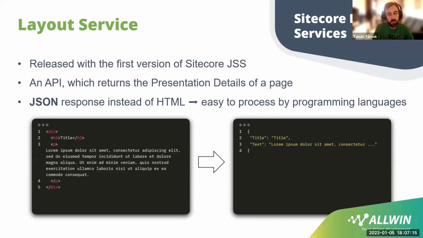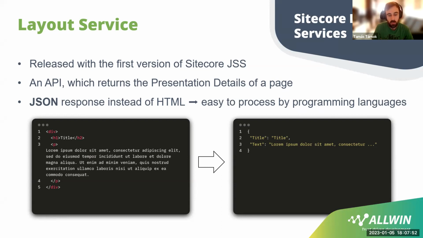It was released with the first version of Sitecore JSS, something like Sitecore 9.2 or 9.1. Basically this is an API which is returning the presentation details of a page as JSON. When we compare JSON with HTML, JSON is more readable for programming languages, and it has a strict structure, and HTML doesn't.